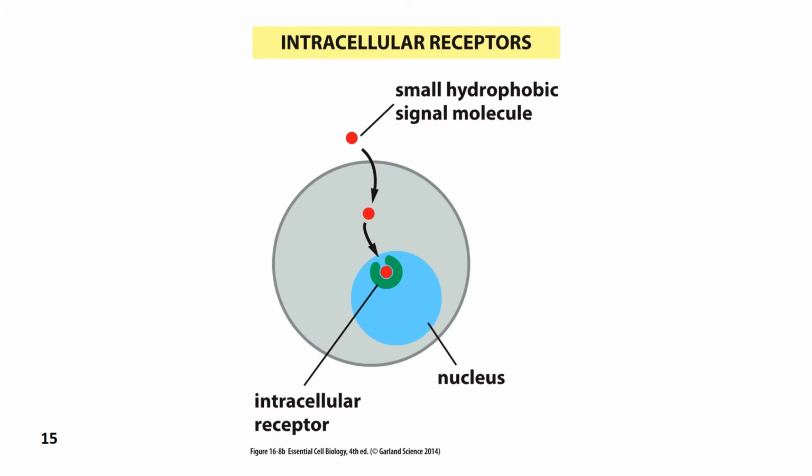These hydrophobic signaling molecules diffuse through the membrane and bind to an intracellular receptor to elicit a cellular response. What I'm saying is that these signaling molecules can diffuse into any cell. However, it's only those cells that have the receptor specific to that signaling molecule that are going to be able to respond.